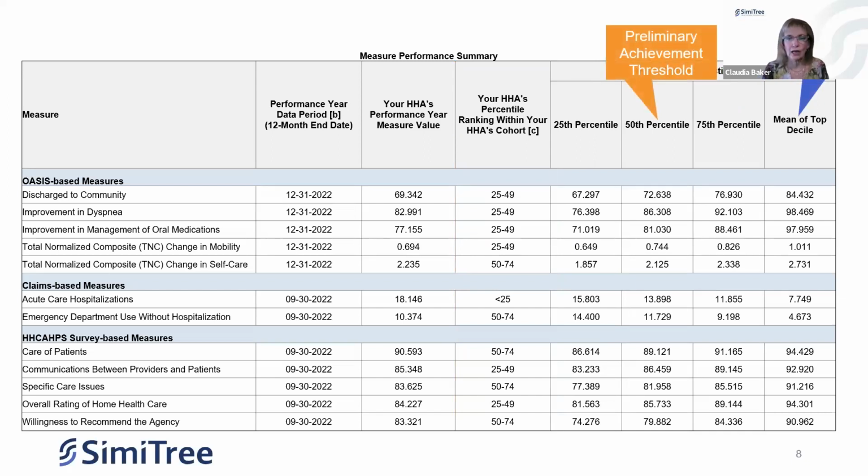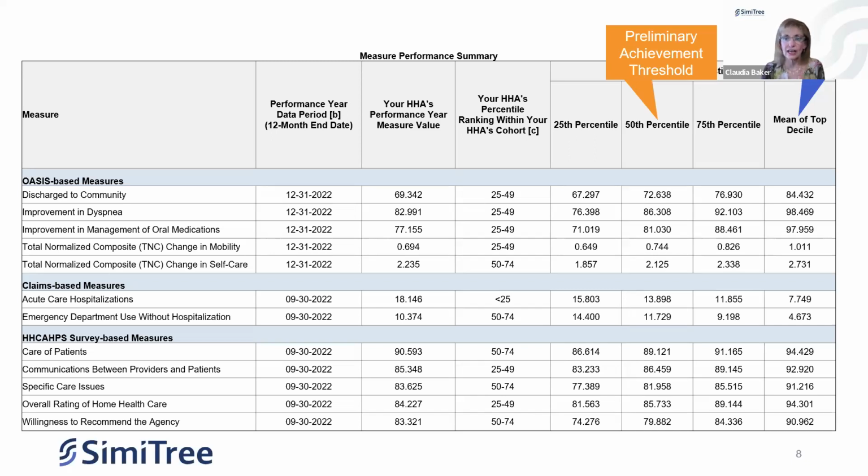Okay, so as I alluded to, the 50th percentile is your preliminary achievement threshold, because we look at whether or not you are getting to the benchmark of the 90th percentile, or whether or not you have achieved at least the 50th percentile in order to go forward.